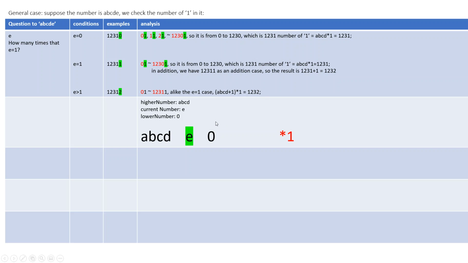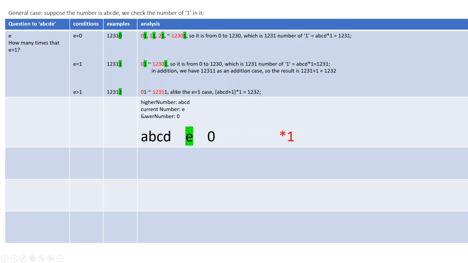So we just gave a very brief hint here. Suppose we would like to find how many times E equals 1. To answer this question, it depends on three conditions. The first is E equal to 0, the second is E equal to 1, and the third is E larger than 1.